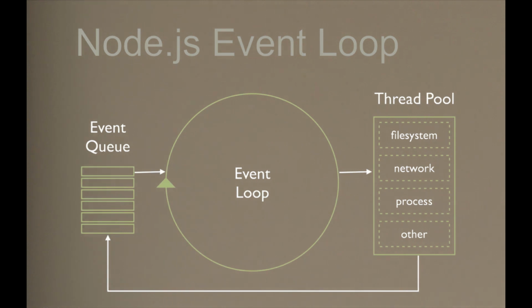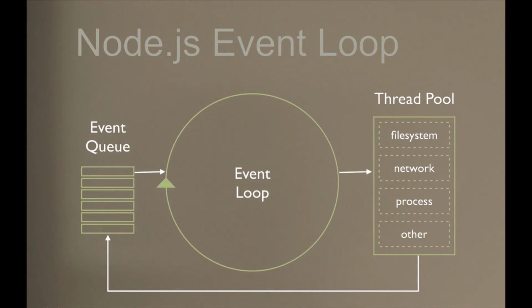If it needs to do I/O, it will get delegated off to this thread pool or async APIs in the operating system, and then it will continue the loop back around and grab the next thing off the queue and execute that, possibly putting something more over here that's I/O bound, and then go back and get some more stuff off the queue. And at some point, the I/O is done.